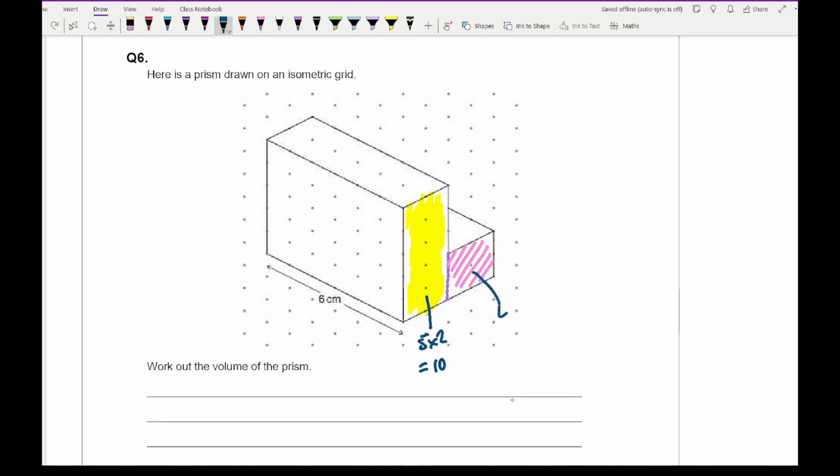This area here is 2 times 2, which is 4. So the cross-sectional area is going to be equal to 14. So the volume is going to be 14 times 6, which gives me an answer of 84.